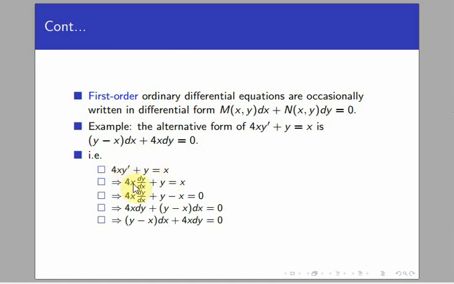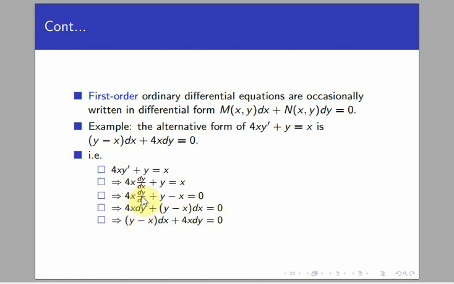Here y' = dy/dx, since the dependent variable is y and the independent variable is x. Moving x over, we get 4x dy/dx + y - x = 0.